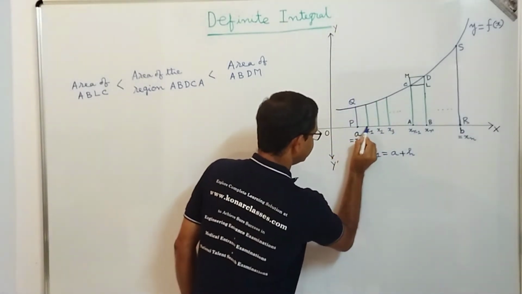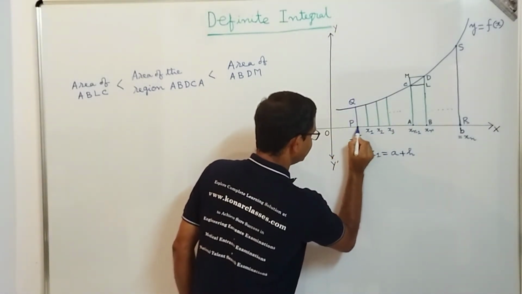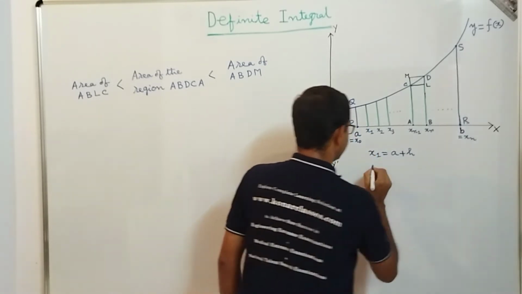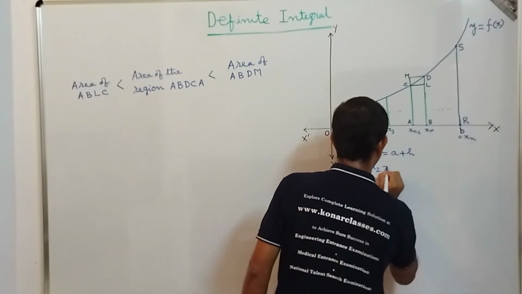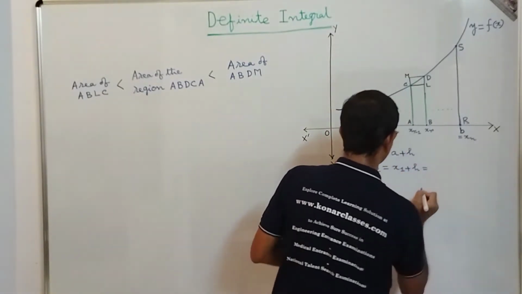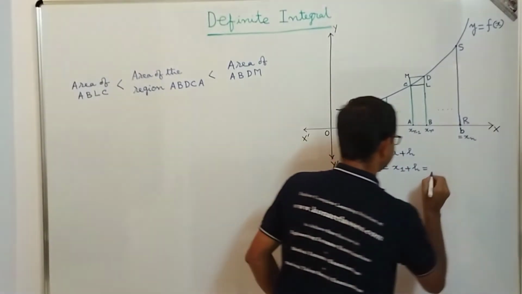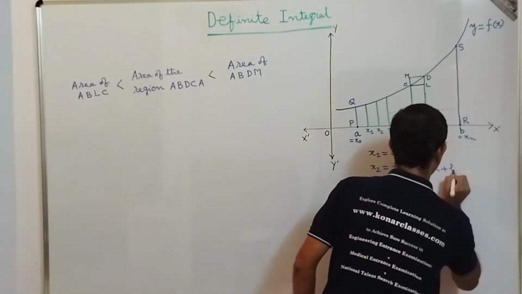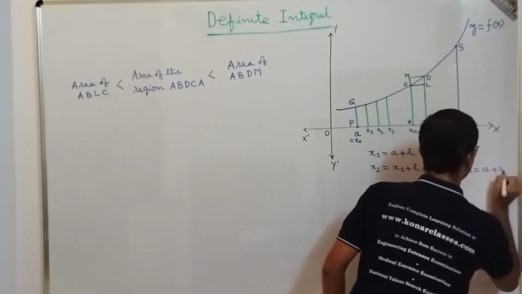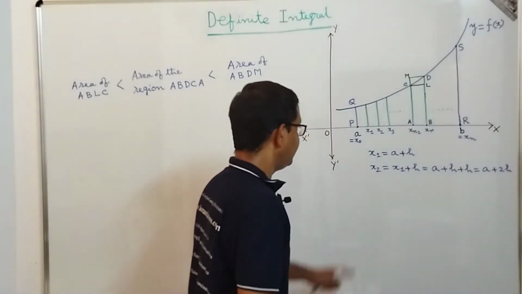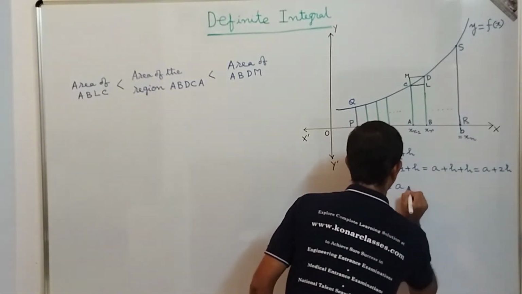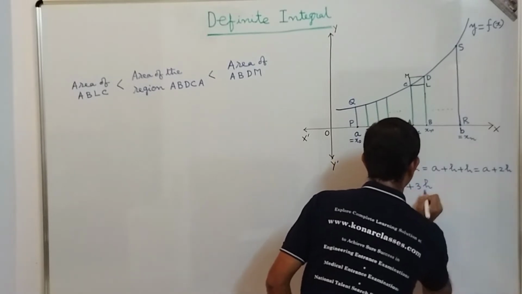Then x2 is x1 plus H, and x1 is A plus H, so x2 is A plus H plus H, that means A plus 2H. In that way x3 is equal to A plus 3H.